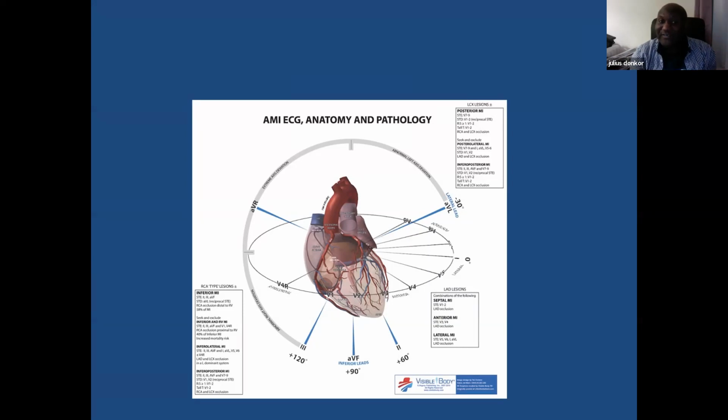You can usually tell if somebody has a posterior MI whether it's the RCA that's dominant or the circumflex that's dominant based on the ST elevation, whether there's more ST elevation in lead 2 or lead 3. You can usually tell from that.